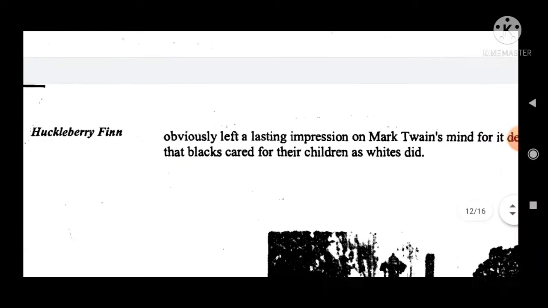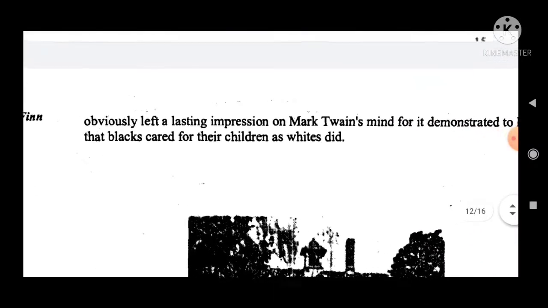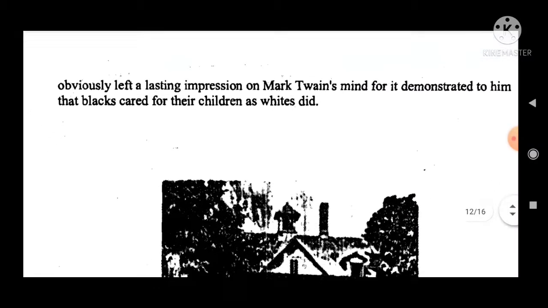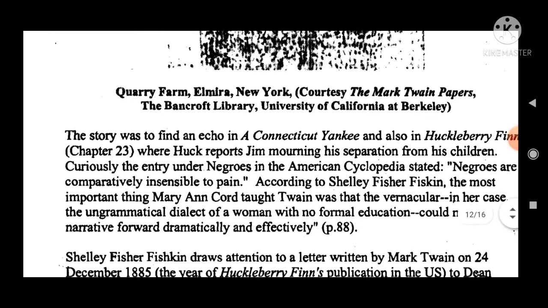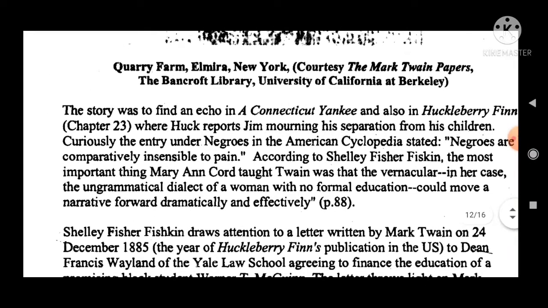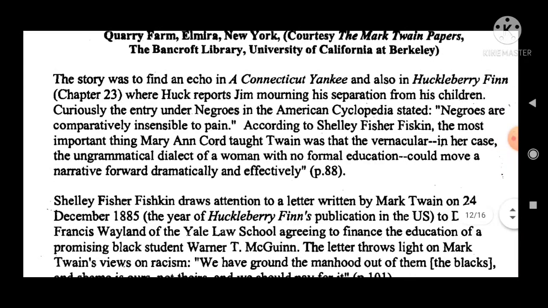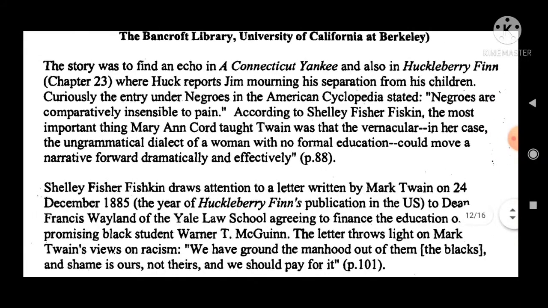The story obviously left a lasting impression on Mark Twain's mind, for it demonstrated to him that blacks cared for their children as whites did. The story was to find an echo in A Connecticut Yankee and also in Huckleberry Finn chapter 23, where Huck reports Jim mourning his separation from his children.